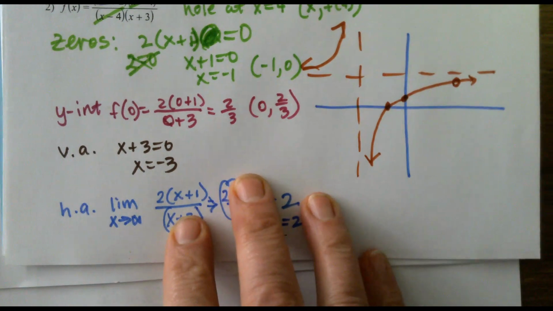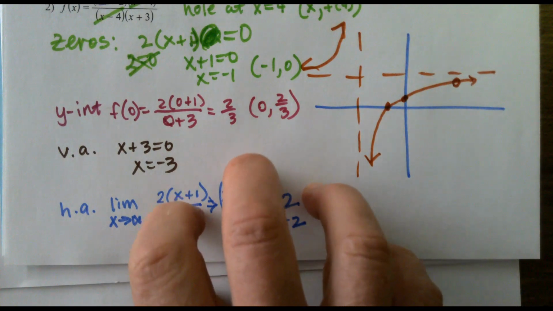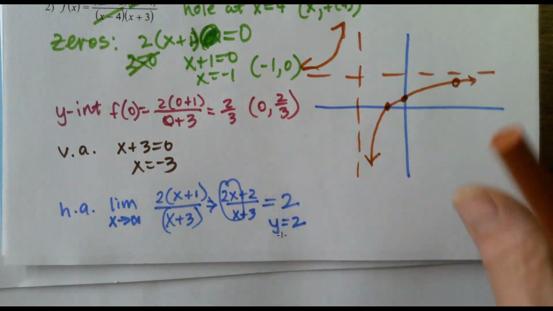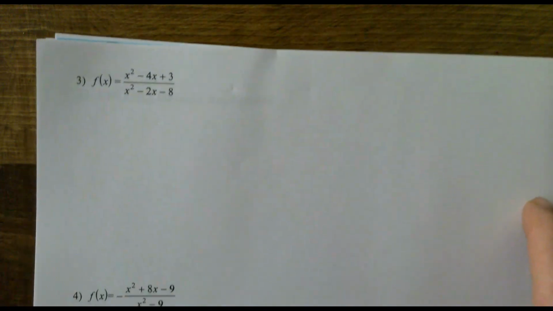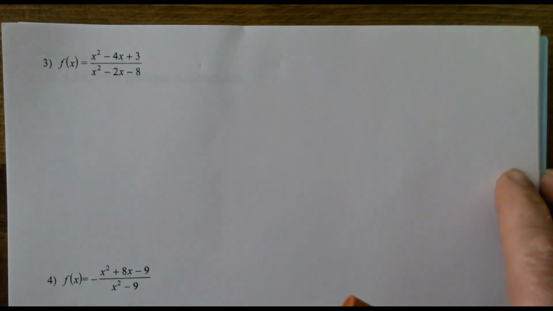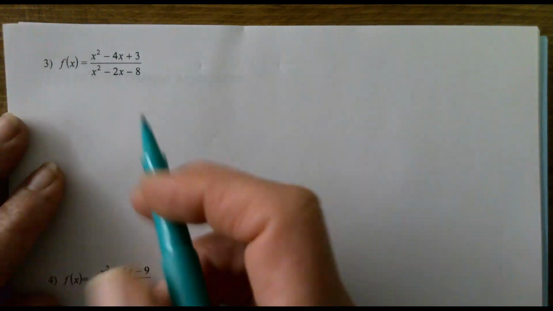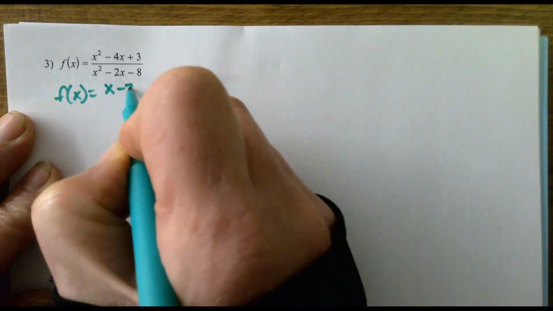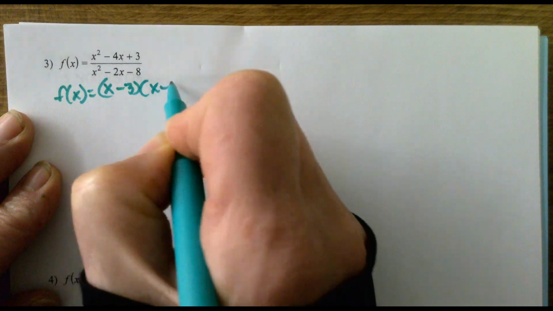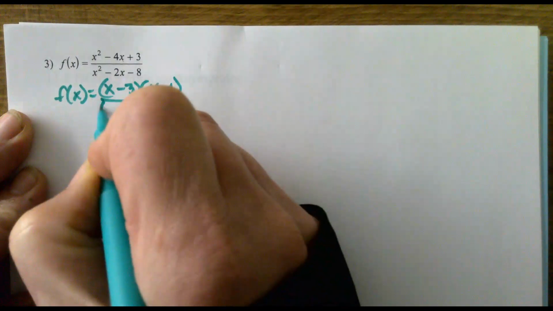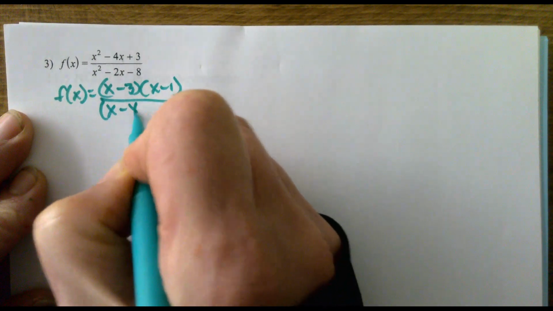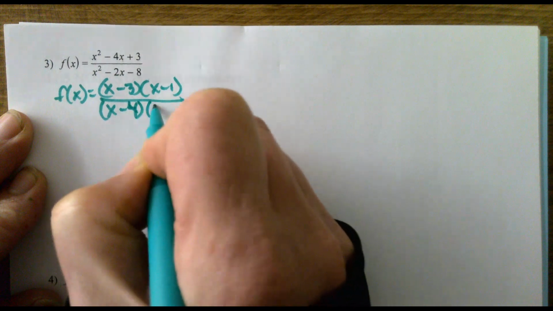So our first two graphs were like the very first parent function. The next are going to be the ones that have that extra vertical asymptote in them. So I'm going to start by factoring. x minus 3, x minus 1, x minus 4, x plus 2.